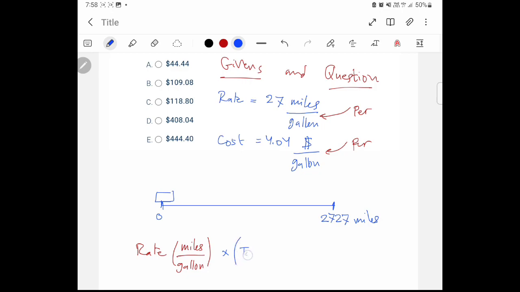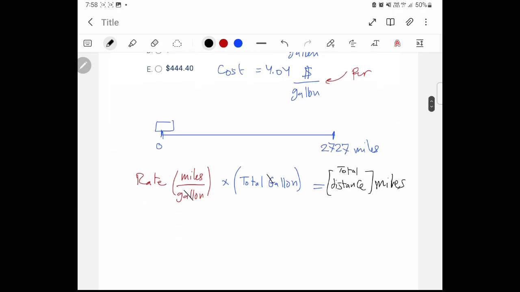So the total gallon, in this case, will equal, you can see that the unit gallon will cancel with the unit gallon and we will remain with miles. So the rate times the total gallon will equal the total distance.